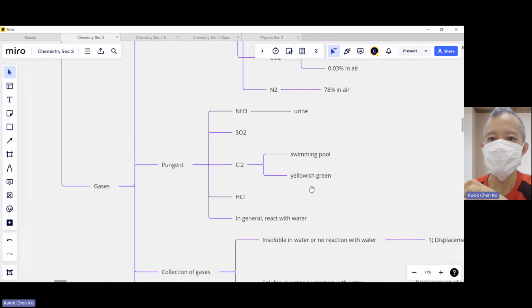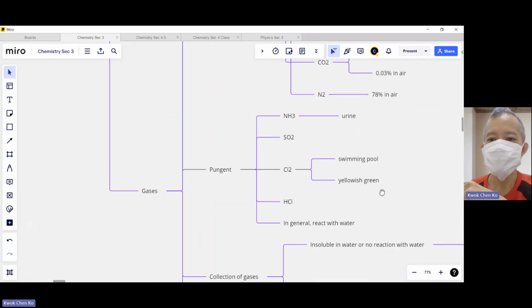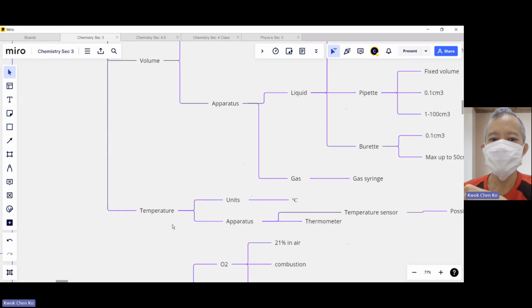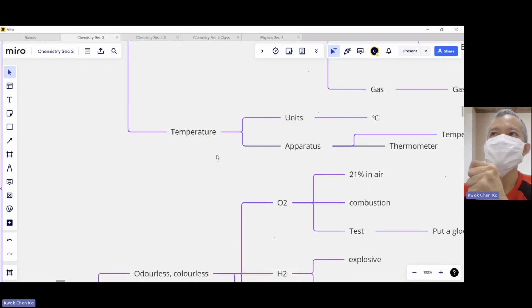Okay, this one here. Lovely, temperature. Kelvin. Yes, but chemistry doesn't use it. They still use degrees Celsius.